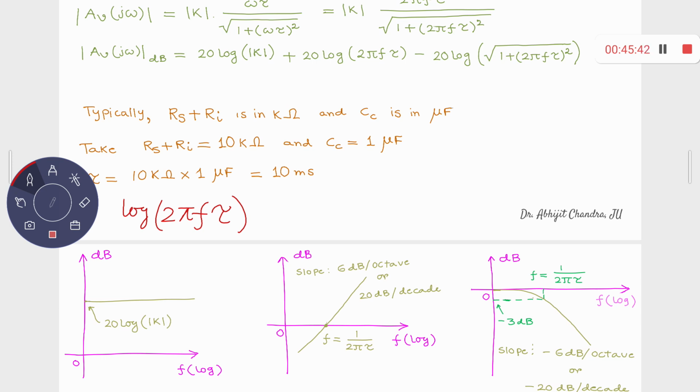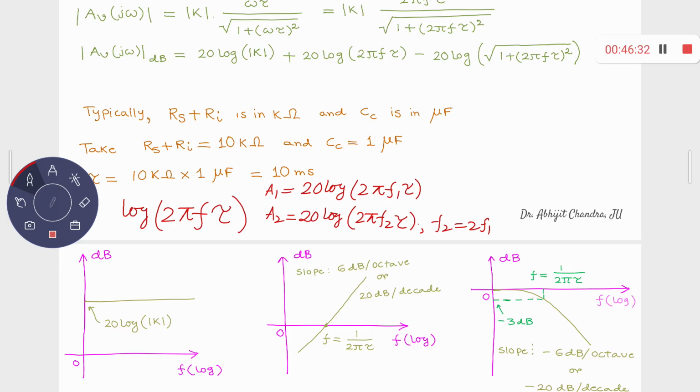Now if I make it from 100 to 200, or 200 to 400, or 400 to 800, that means if I double the frequency, what is the change in the dB scale? Suppose I have two numbers: A1 equals 20 log of 2 pi f1 tau, and A2 equals 20 log of 2 pi f2 tau, where f2 is equal to twice f1. That means I increase the frequency by a factor of 2.